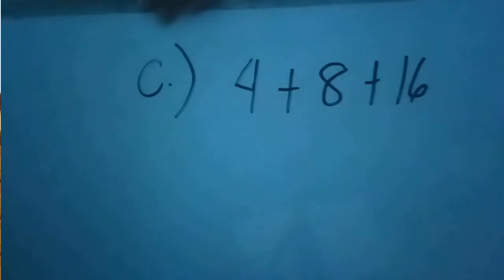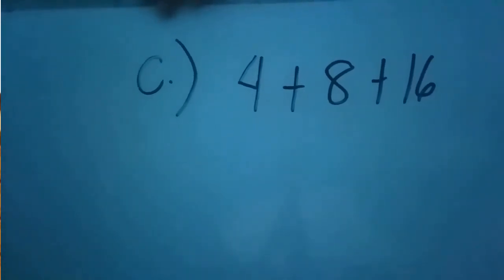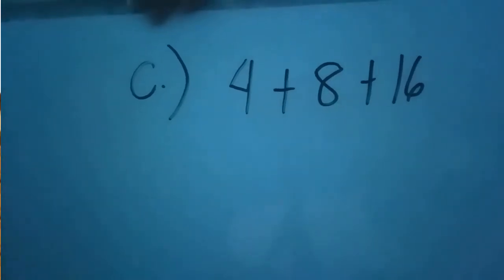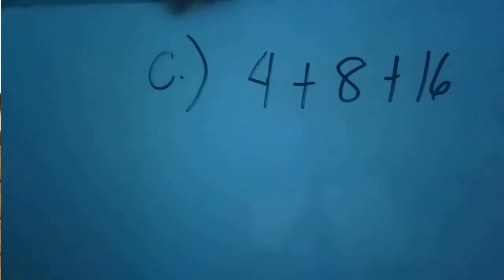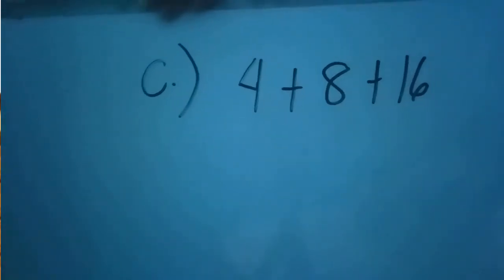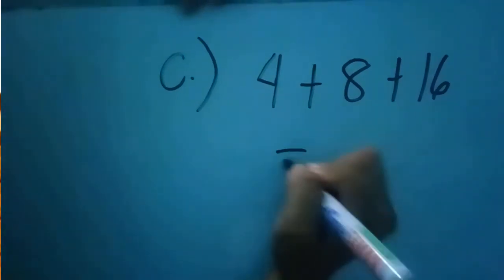Another one, we have 4 plus 8 plus 16. We have like signs. So we have both positive in 4, 8, and 16. Therefore, we're going to add the 3 numbers. So 4 plus 8 is 12, plus 16 is equal to 28.